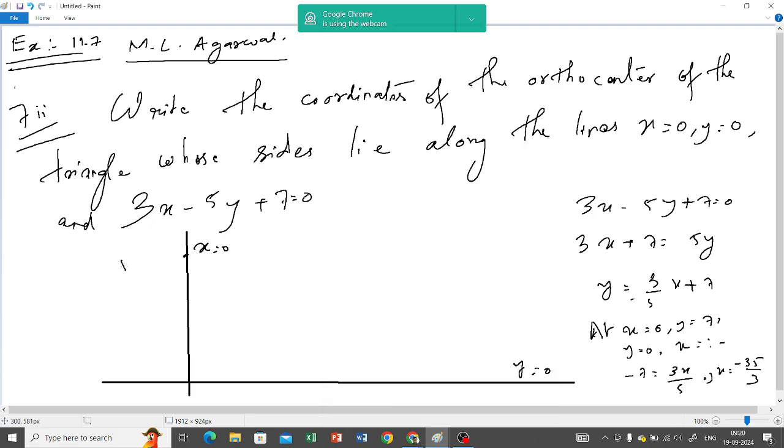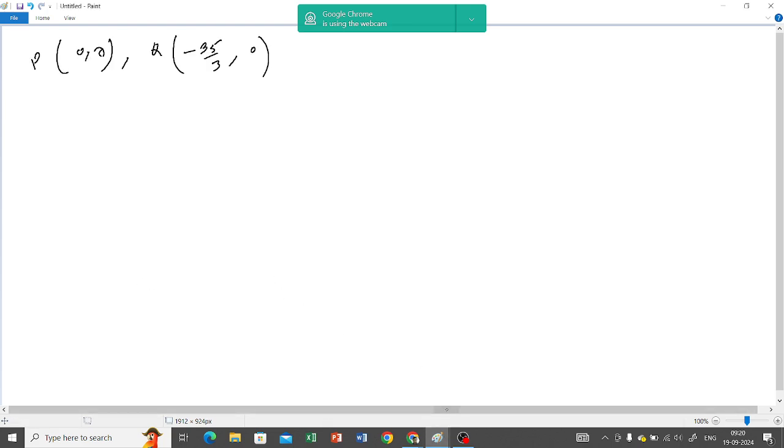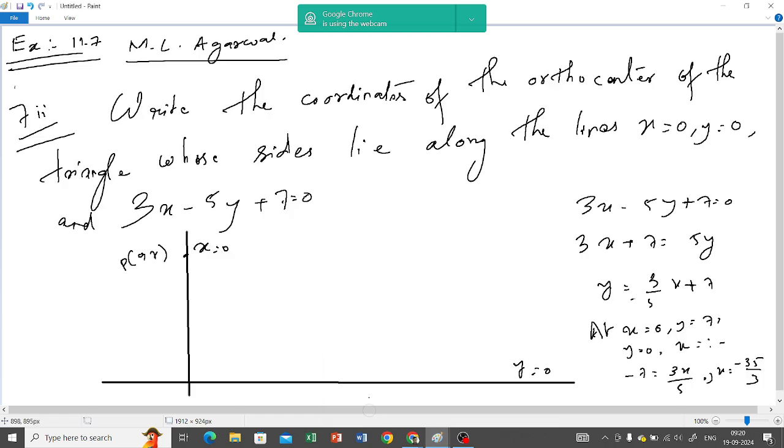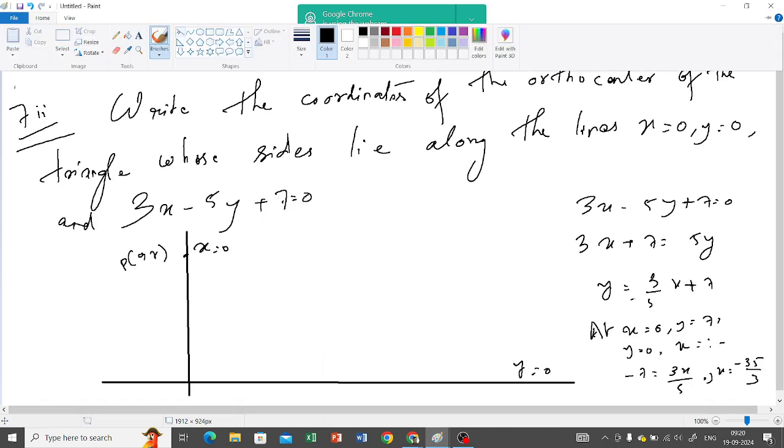This particular point 0 comma 7, and minus 35 by 3 is 11 point something.